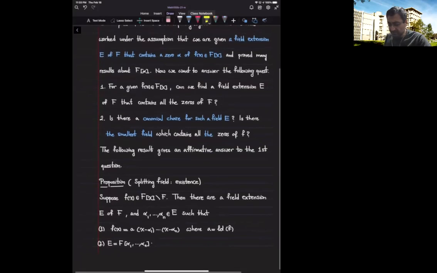So again, the statement is that we are given a polynomial which is not constant with coefficients inside a field. So capital F is a field.